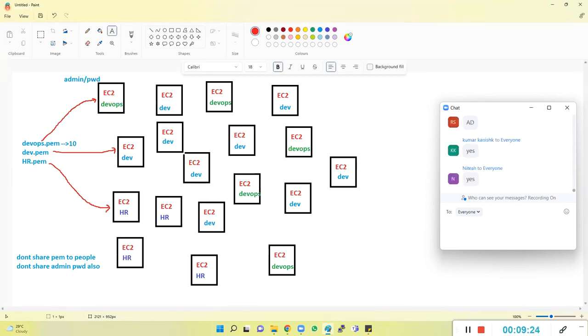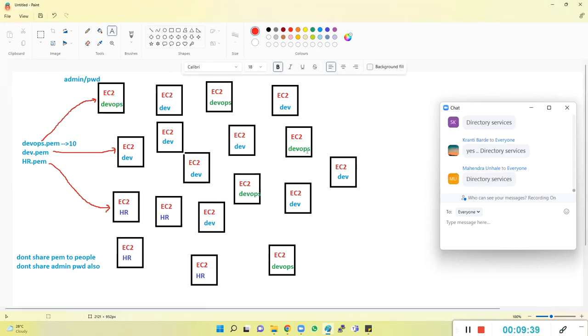Active Directory. What is that Active Directory called in AWS? Directory Services, right? Yes. So let's say, for example, we have a domain called boom.com. Guys, instead of all these 10 users, I'll create these 10 users over here: user1, user2, user1@boom.com.